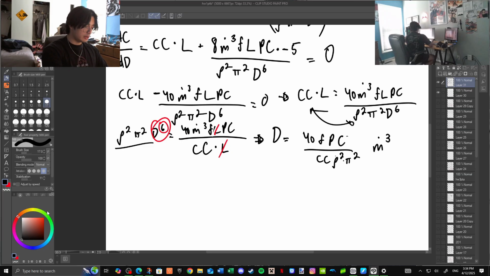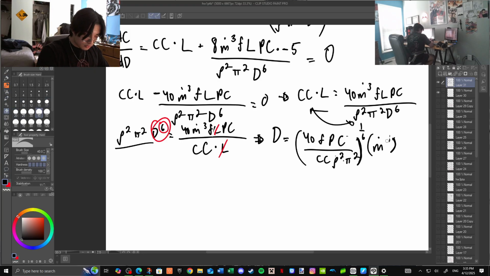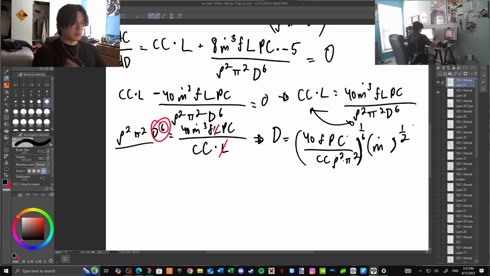The reason why I put it on the outside is because we still need to worry about the sixth power, and what we do is we can raise this entire quantity to the 1/6 power, and here, since it's already to the third power, the power on this will just be 1/2, which is basically just the square root. And this here is the expression for the optimal diameter.